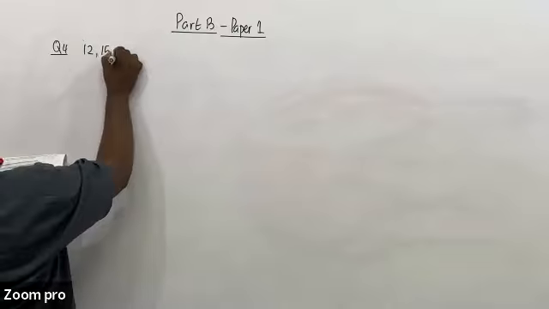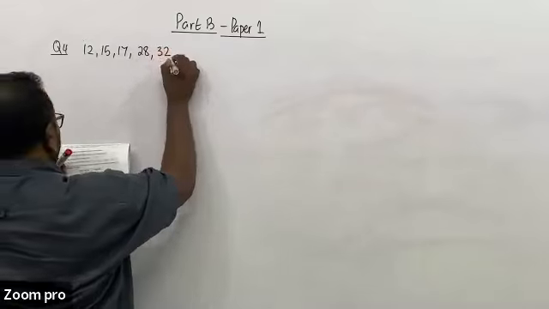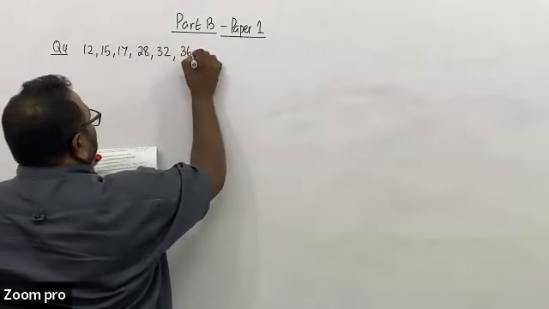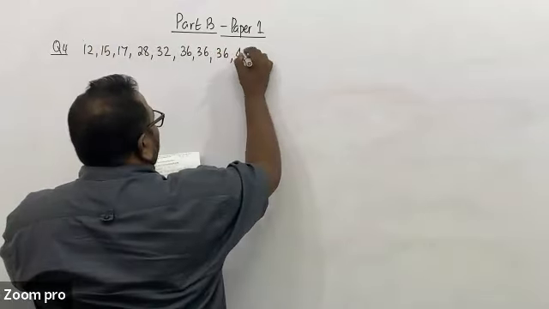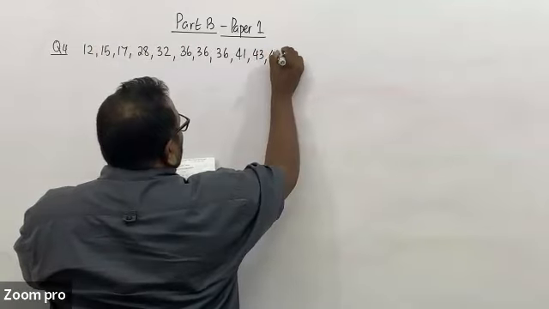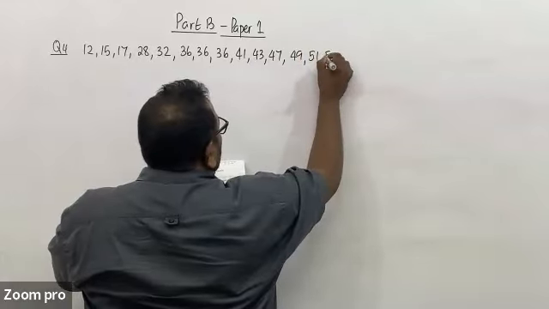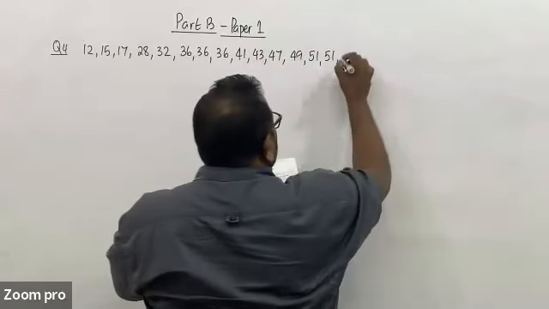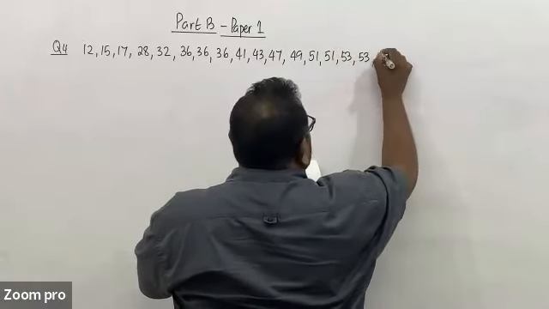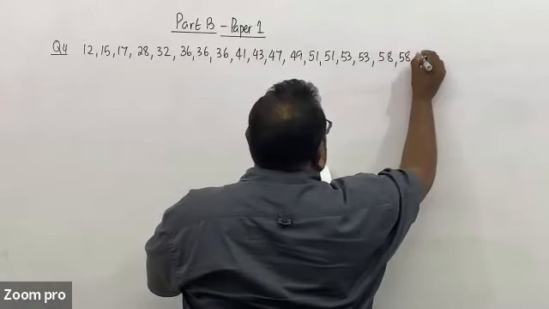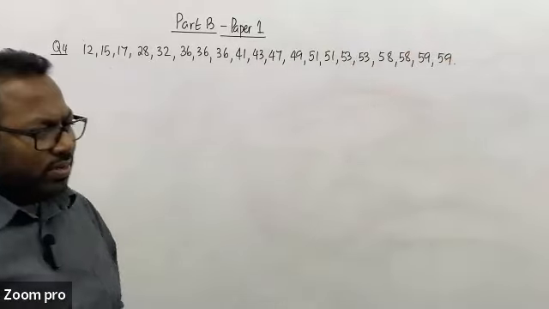12, 15, 17, 28, 32, 36, 36, 36, 41, 43, 47, 49, 51, 51, 53, 53, 58, 58, 59, 59, 59, 59.